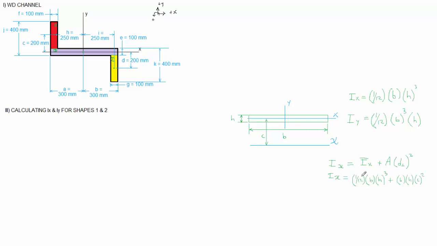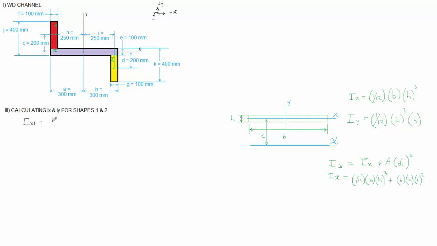So this first term is 1/12 b times h cubed. That's the moment of inertia with respect to the x-axis. If we want to find it with respect to the chi-axis, we add to that the area, which is b times h, times the perpendicular distance, which in this case from the center to the axis in question is c.